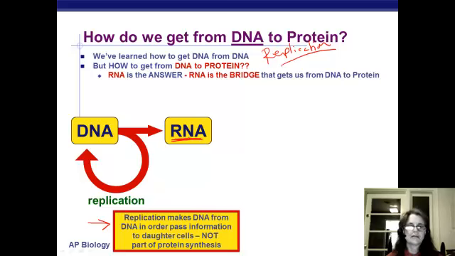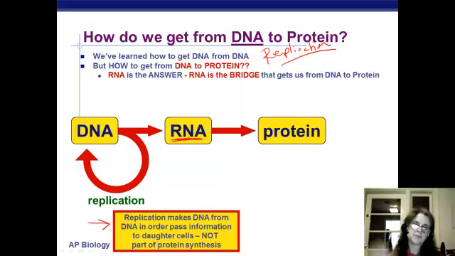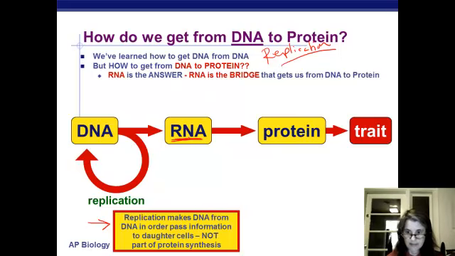RNA is the molecule that is going to be our transition to bridge us over from the DNA that is protected in the nucleus to proteins, which are created in the cytoplasm and may either stay in the cytoplasm of a cell and work in there or be secreted from that cytoplasm and used to do or create other things, okay?